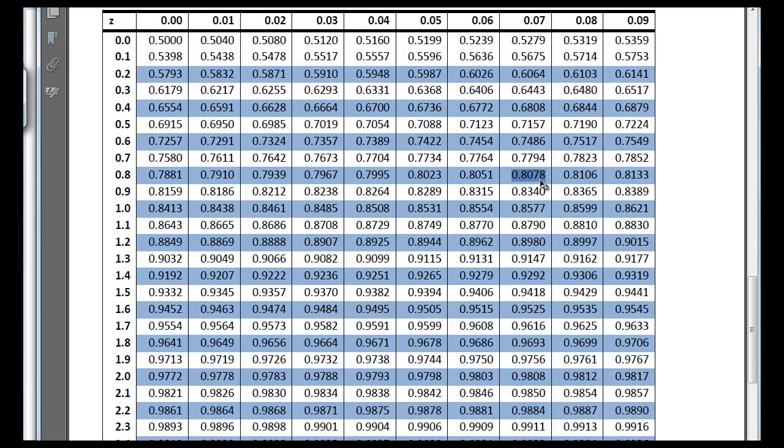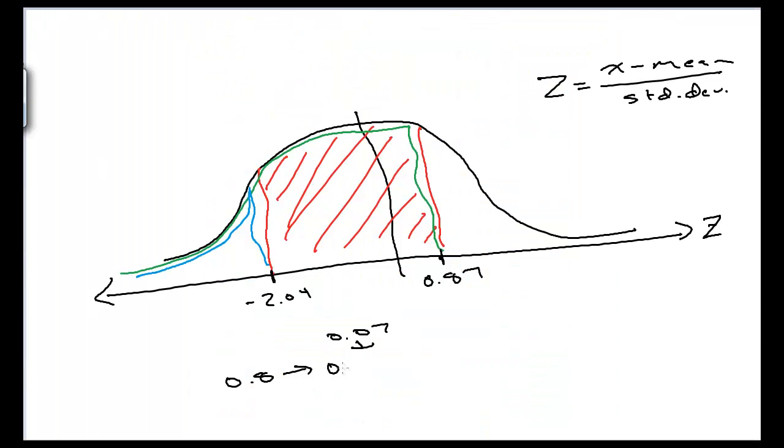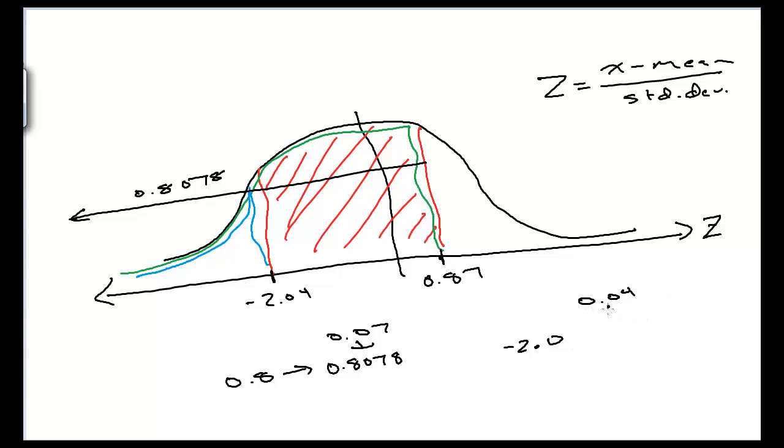So that's 0.8078. So my area to the left of here is 0.8078. Now I need to find the area to the left of that negative 2.04.